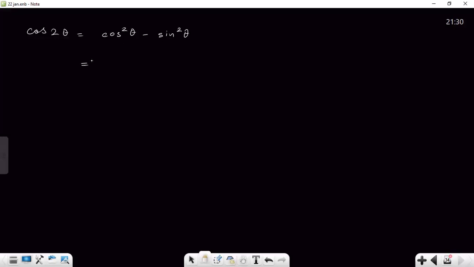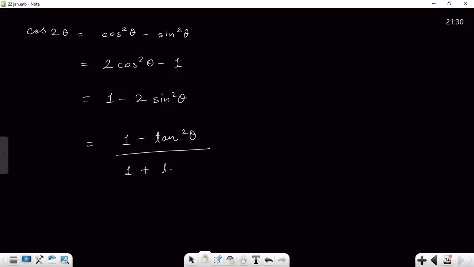Cos square theta minus sine square theta, or you may write it as 2 cos square theta minus 1. Simply you have put sine square theta as 1 minus cos square theta here. Or you may also write it as 1 minus 2 sine square theta. Or you may also write it as 1 minus tan square theta divided by 1 plus tan square theta.